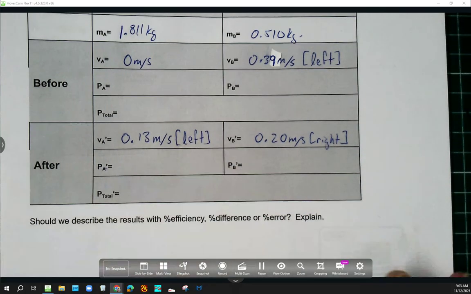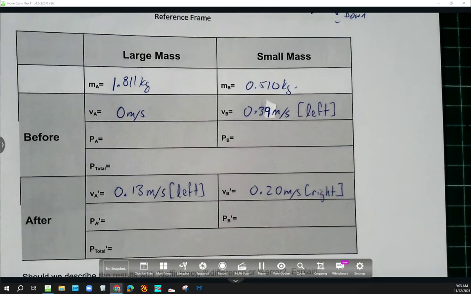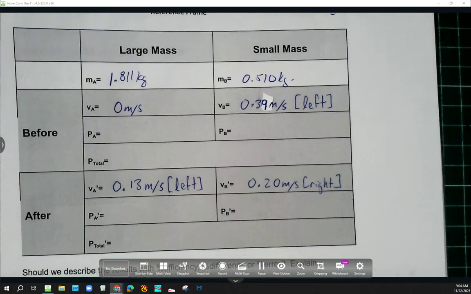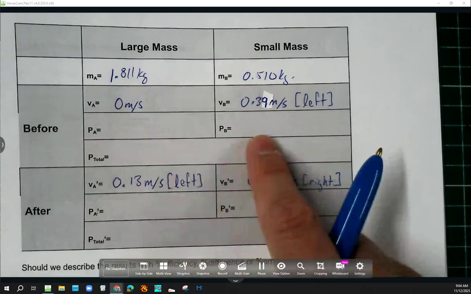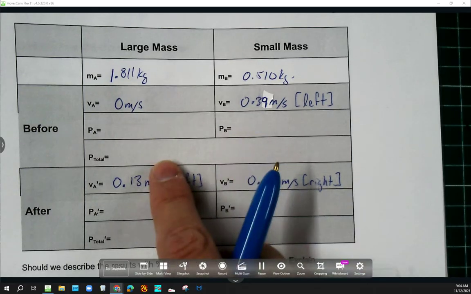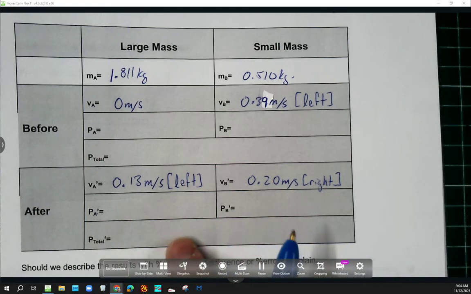Now, what I'm going to ask you to do, because I have total trust that given enough lab equipment, you could make these measurements. All you have to do is have motion sensors pointing at two carts that were in a car crash, basically. So this is very achievable in terms of collecting the data. But I've got an organizational table here. I'd like you to figure out what the momentum for each individual mass was before the collision, what the total momentum was before the collision, what the momentum of each individual mass was after the collision, and the total after the collision.